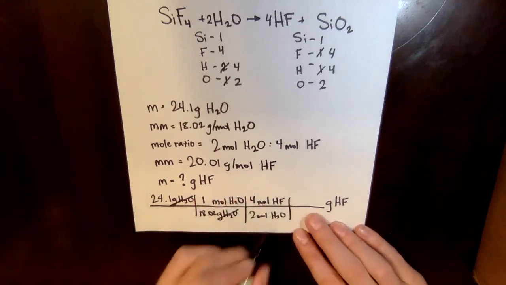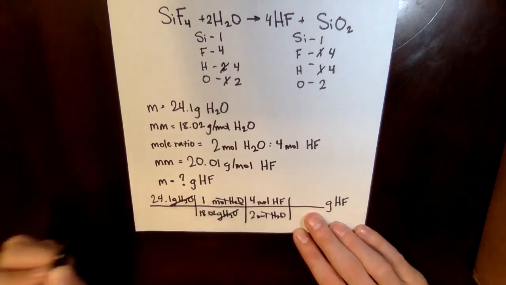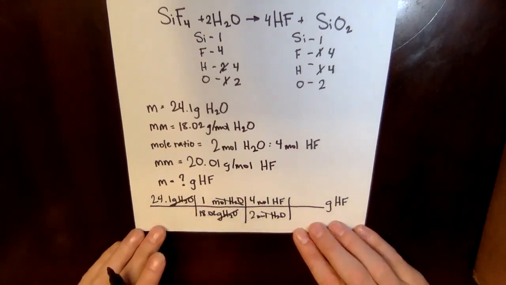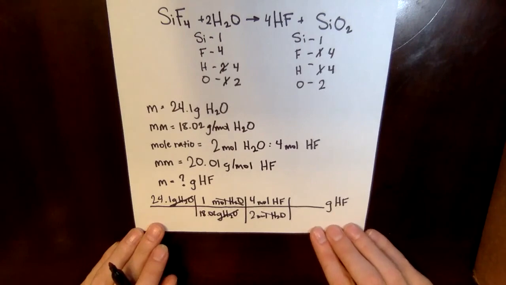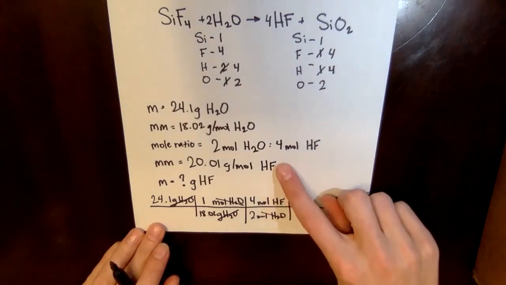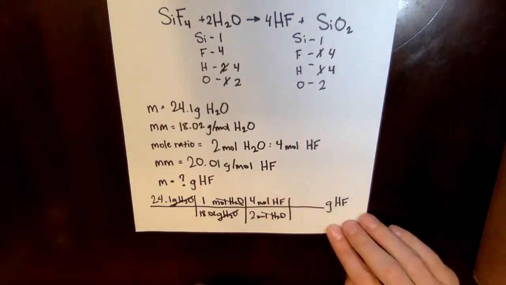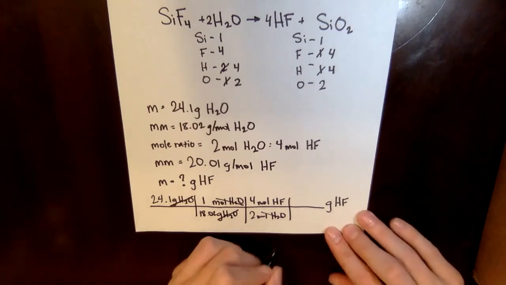That's going to cancel out my units of moles of water. Now I want to get rid of my moles of hydrofluoric acid. The only way that I can convert from moles of hydrofluoric acid to grams of hydrofluoric acid is the molar mass of hydrofluoric acid. So that's going to be the last thing that I'm going to utilize to get to my answer.